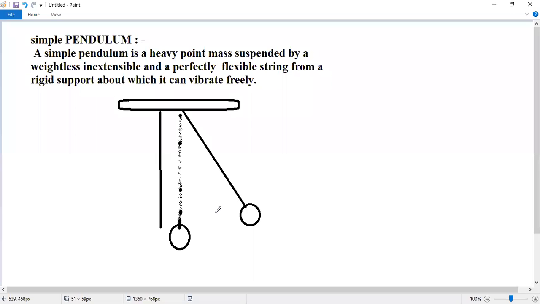Okay, listen now. The small point mass is moving in this direction.